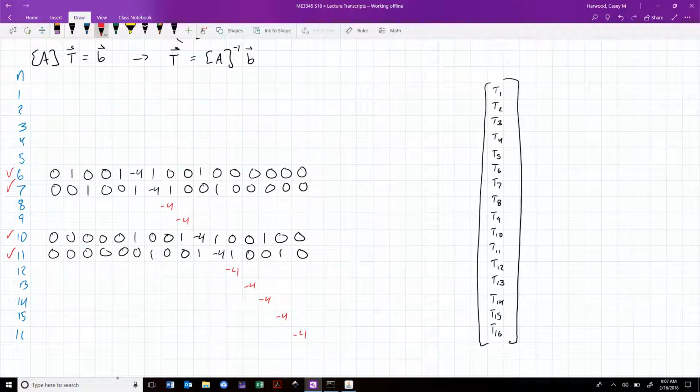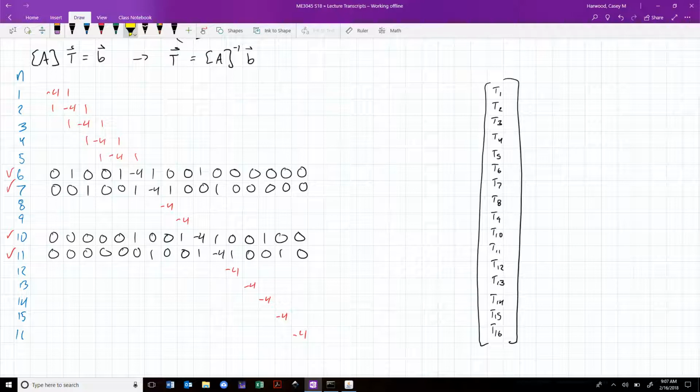So it's a repeating and shifting pattern of coefficients. 1, 1, 1, 1, 1, 1, 1. And I won't draw the whole thing, but essentially it's this stencil of 1, 0, 0, 1, negative 4, 1, 0, 0, 1 that's just shifting and repeating, heading to the lower right.